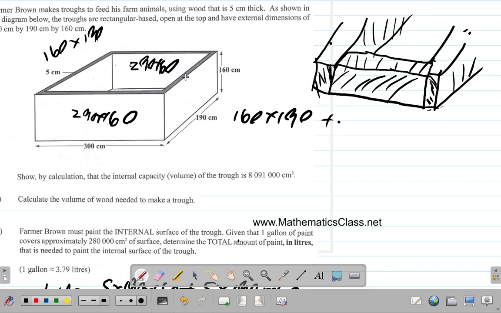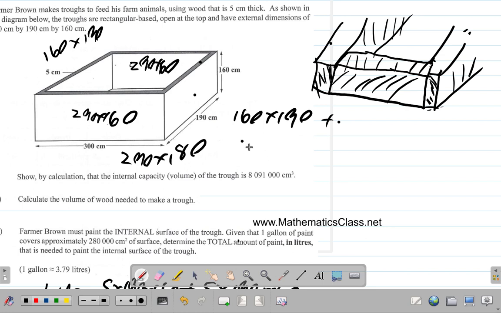Remember, see the surface here I talk about. What about the baseboard? The baseboard would be 290 by 180, because you'll slide it inside at the bottom of the trough. So it will be 290 wide and 180 long.